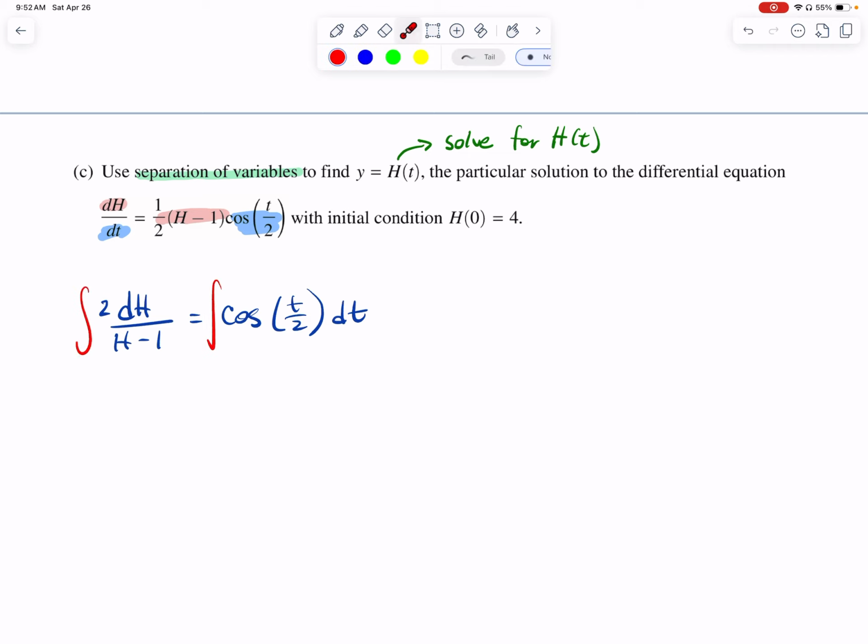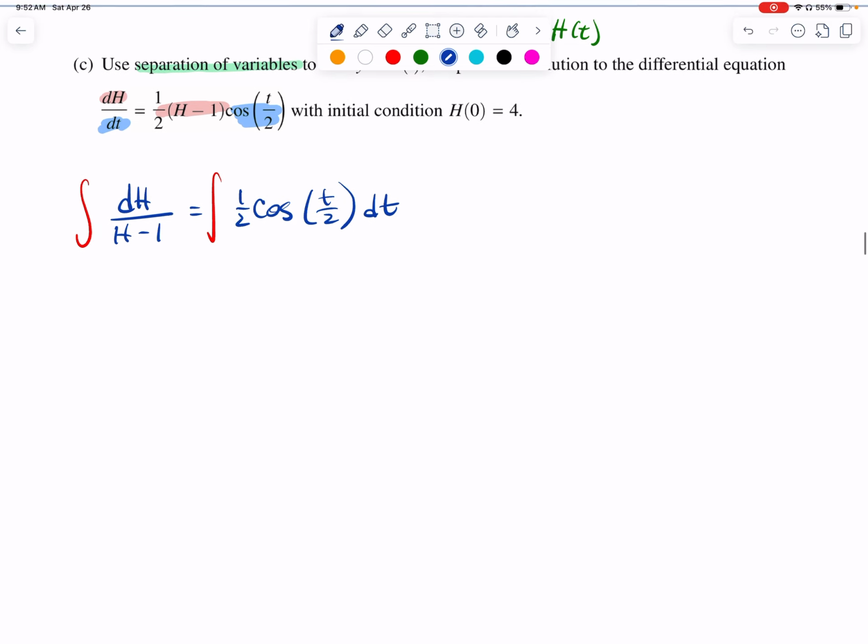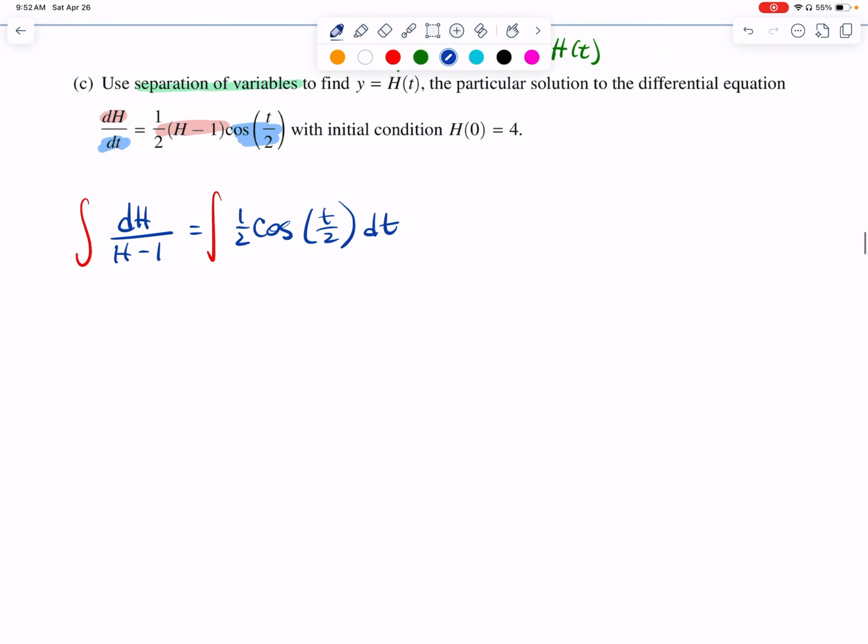Okay, I think I just changed my mind here. This 2, I think I want to put it with the cosine because this is going to use a u substitution, which is going to have a half in it, which we need in our integral. And we won't have to fix anything if we already have the half over there. Brilliant. All right, so we'll leave that as a half. So speaking of u substitution, technically both of these sides are u substitution.